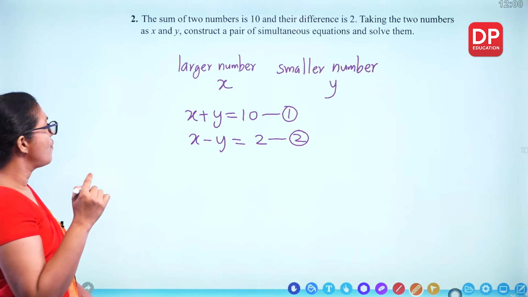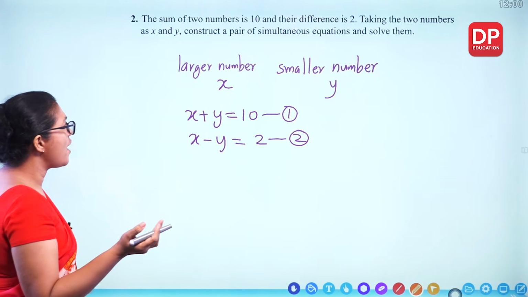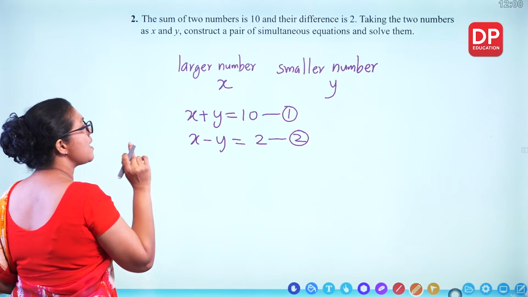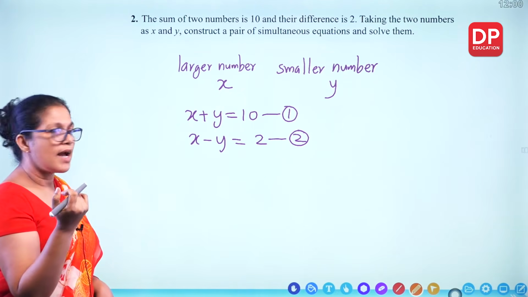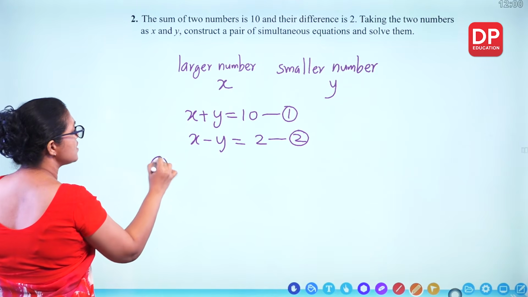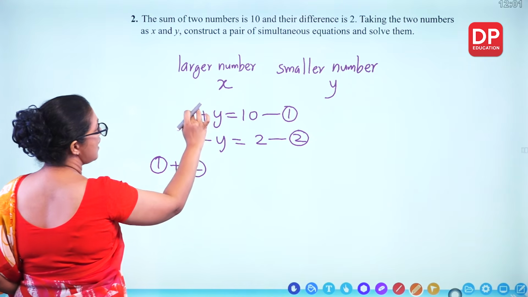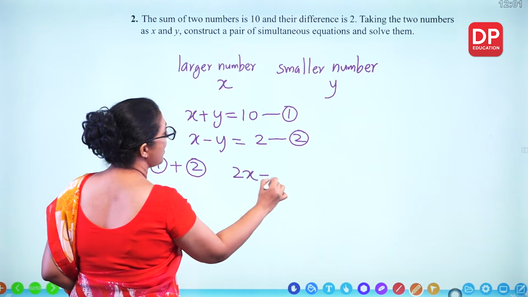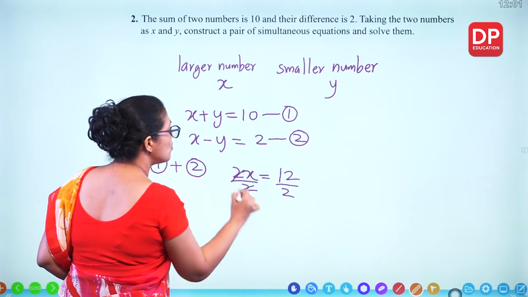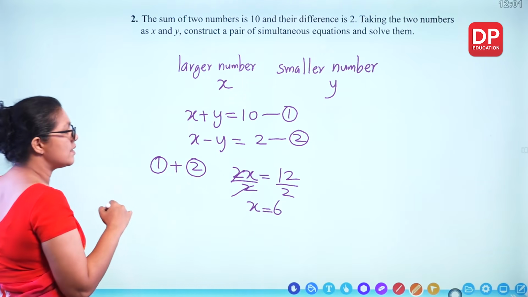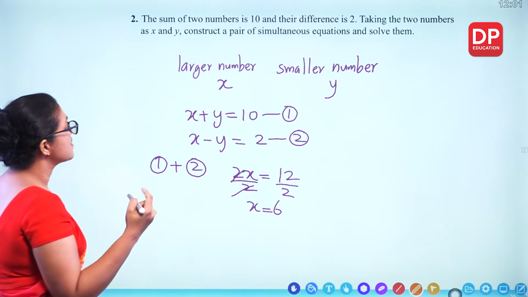Now, what can we do to get rid of one? We can either add or subtract because the coefficients are the same, and here the sign is the same and here the sign is different. I'll add the two equations. When you add, these two get cancelled out, x and x becomes 2x. 10 plus 2, 12. When you divide this by 2, you get x equals 6. Now that means the larger number is 6.